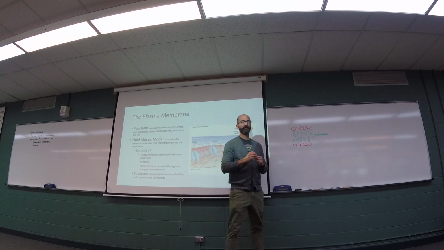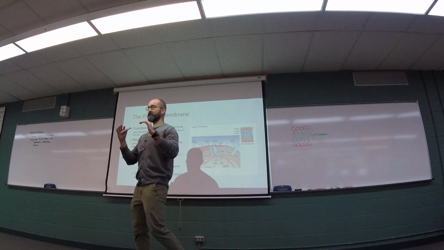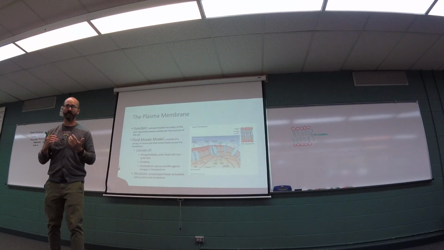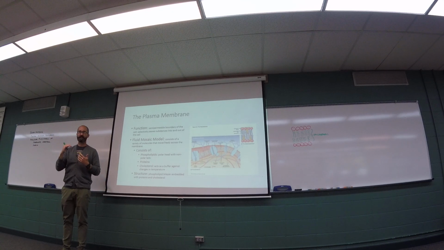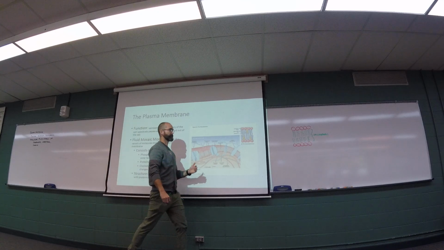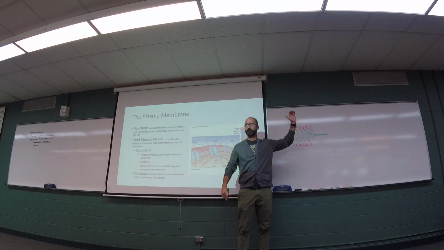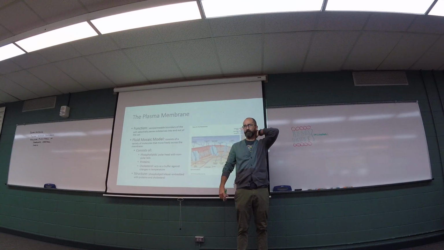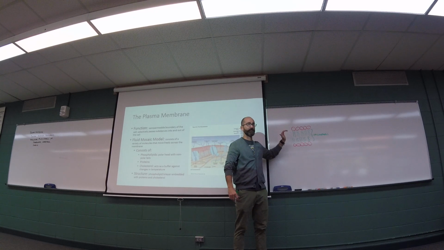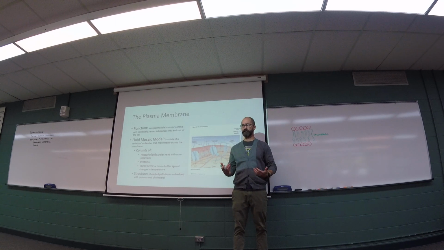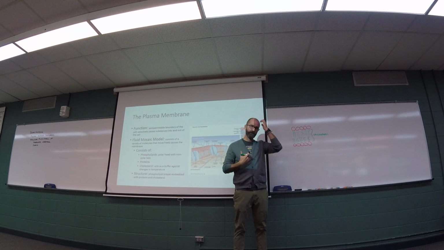And since it's hydrophobic, it means that it's not going to allow any polar or charged molecule to pass from outside the cell to inside the cell, or vice versa. So if there's a water molecule that we know is polar, it carries a partial positive and a partial negative charge, it's not going to be able to freely pass that plasma membrane, which is good, right? Because we want to keep the water inside our cells. We don't want to become dehydrated.